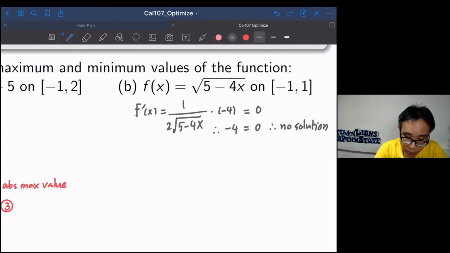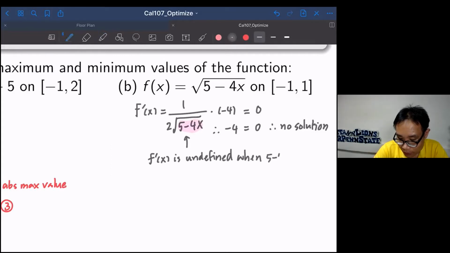So we do not have the derivative equal to 0. But critical numbers are not just where the derivative equals 0; we also look for places where the derivative is undefined. f prime of x does not exist when 5 minus 4x equals 0, so x equals 5 quarters.